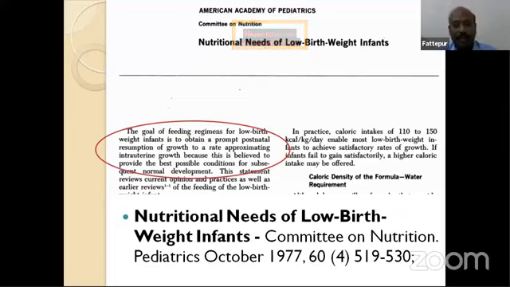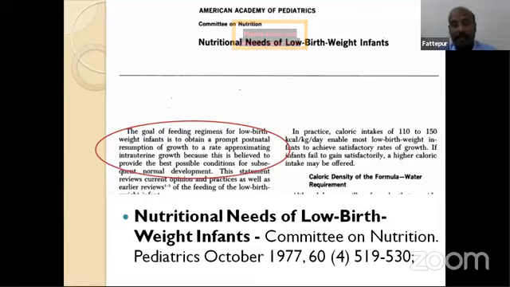As early as 1977 itself, the American Academy of Pediatrics had issued statements telling how the neonates should grow, especially the preterms. They had told that they have to follow the intrauterine growth charts, and they have to grow as near as possible to the 50th centile of the intrauterine growth charts.